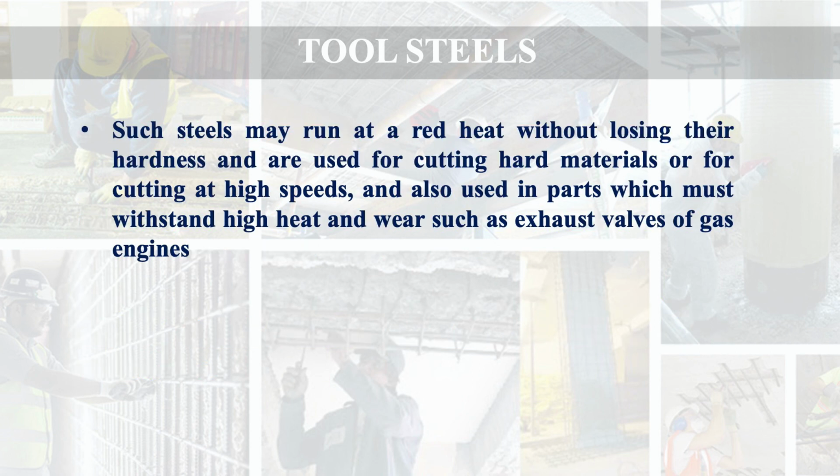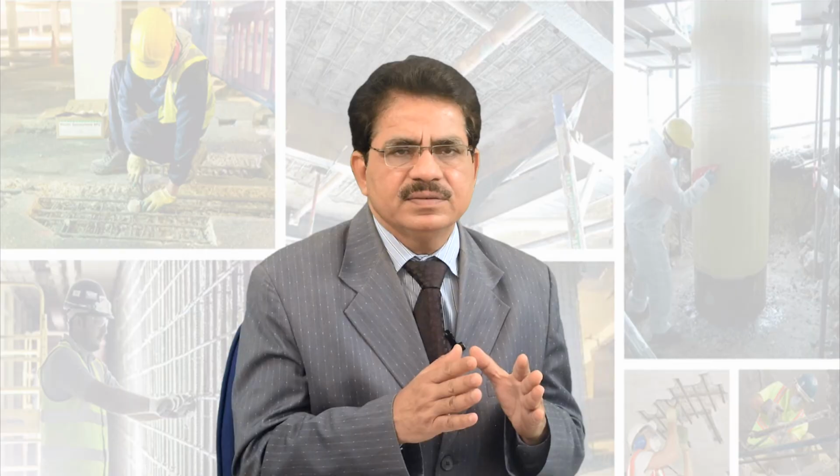Such steels may run at a red heat without losing their hardness and are used for cutting hard materials or for cutting at high speed, and also used in parts which must withstand high heat and wear, such as exhaust valves of a gas engine.